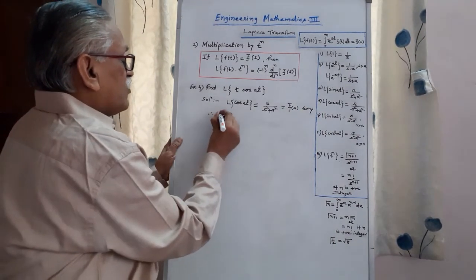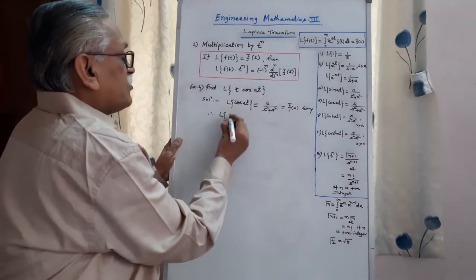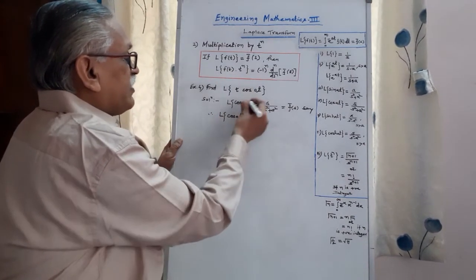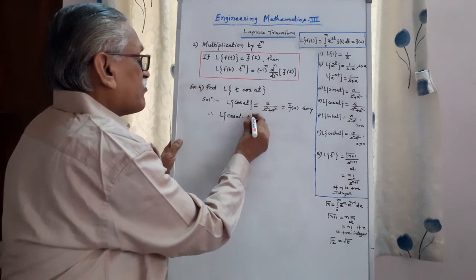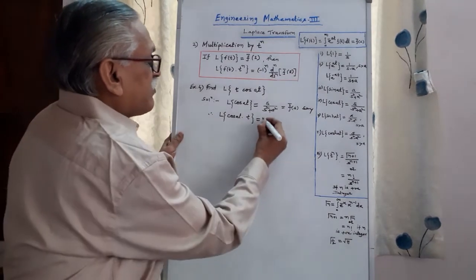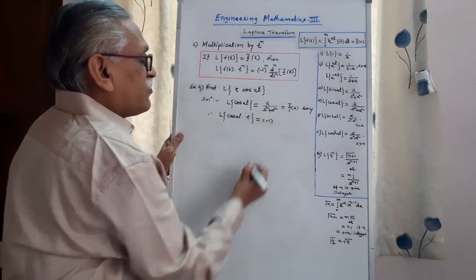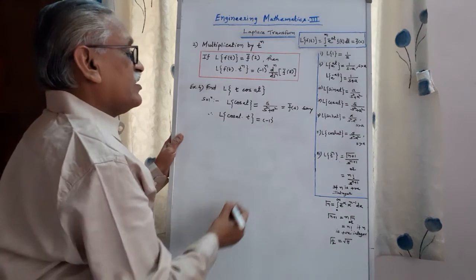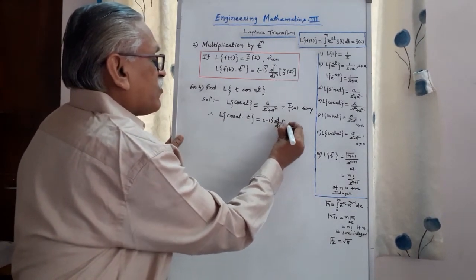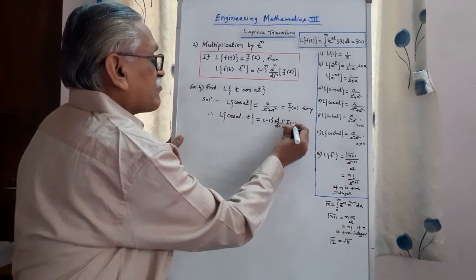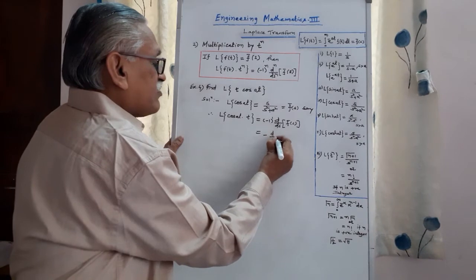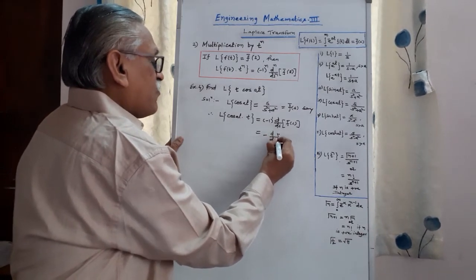and therefore the Laplace transform of cos at multiplied by this t, applying this result on the right hand side, it is minus 1 raised to n, n is 1, and first order derivative d by ds of f bar of s, and therefore it is minus d by ds of f bar of s.